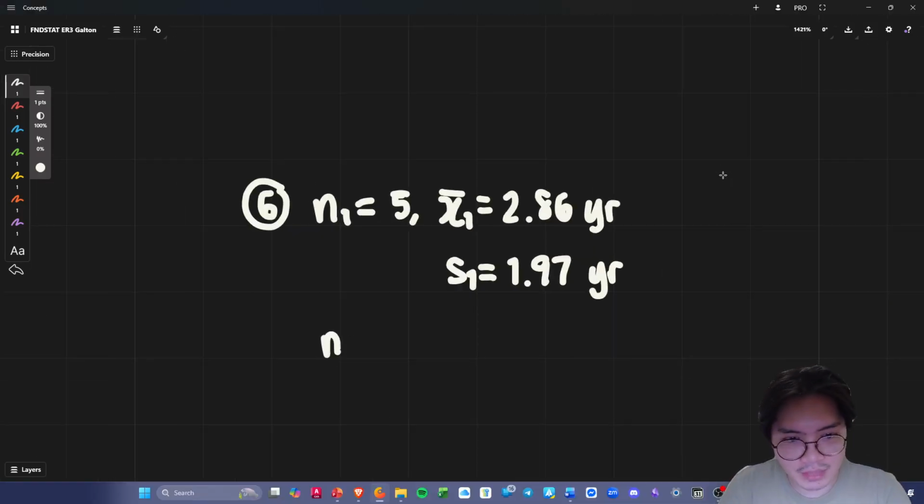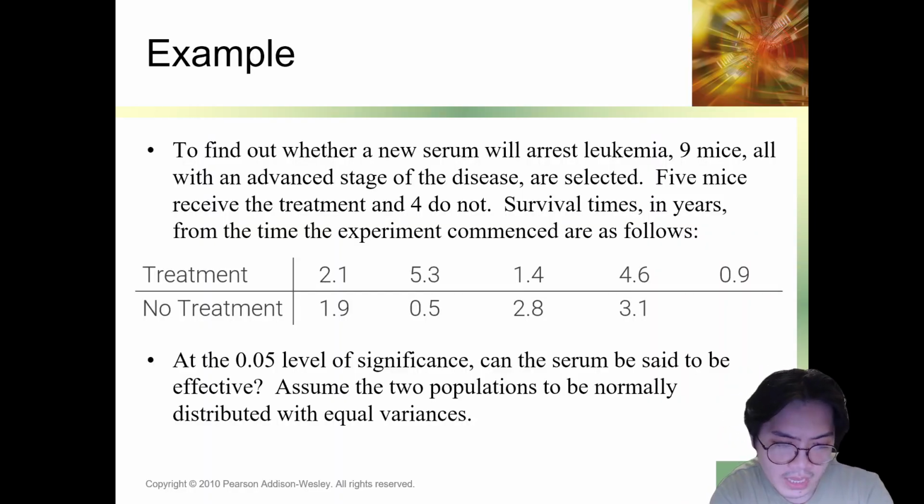Now your n2, we will have 4 samples. Reset, calculate. 1.9, 0.5, 2.8, then 3.1. Here is 0.07.